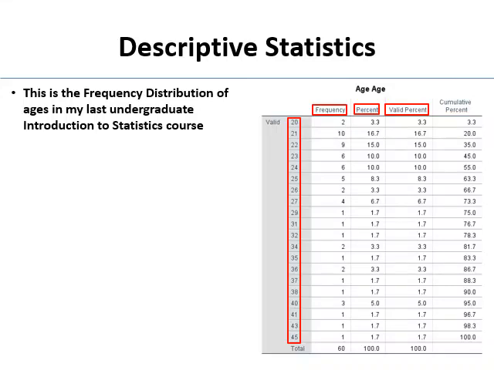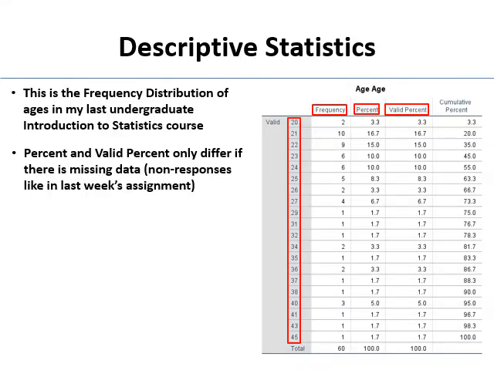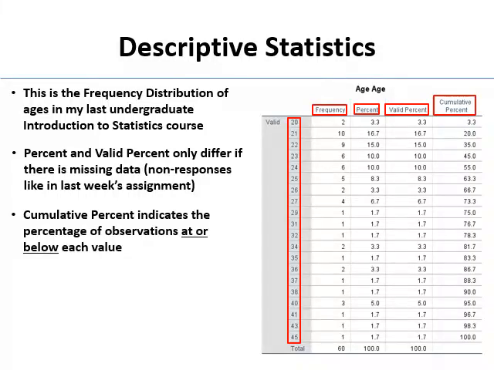They would differ if someone forgot to give their age or gave me a joke age, etc. Finally, the cumulative percent is that column I was saying is the percent who have a value or lower, okay? So it's the percent of observations at or below a particular value that occurred.